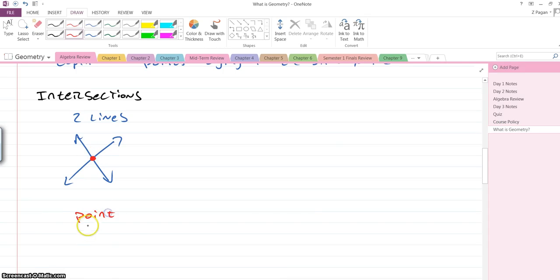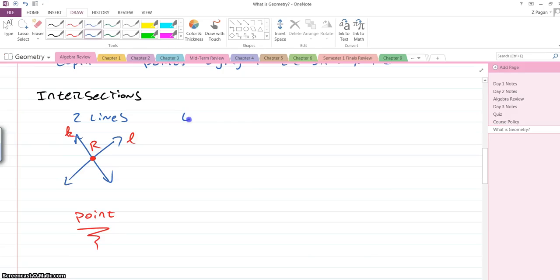Now, how would I name these? Let's call this line K, call this line L, and this point R. So how I would say it is line K and line L intersect at point R.